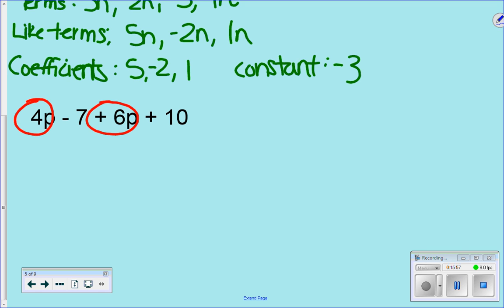My 2 blues are like terms then. You're probably like, why is she circling them? It'll make more sense when we start combining them together.